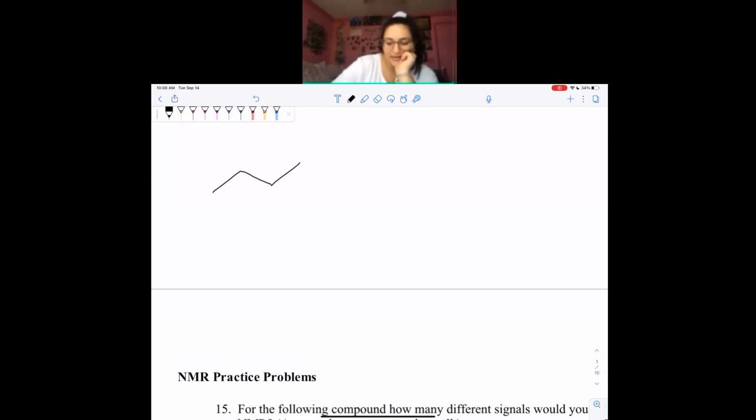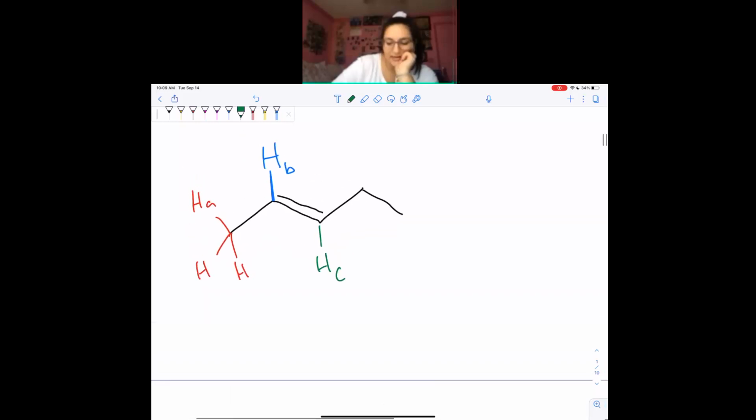Let's say we have some molecule like this, and I'm telling you to find the multiplicity of this hydrogen. We'll call it hydrogen B. We can call these ones hydrogen A, and this one's going to be hydrogen C. This is different than normal splitting because here we have sp2, here we have sp2, and here we have sp3.